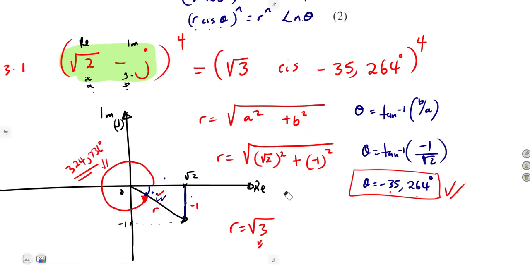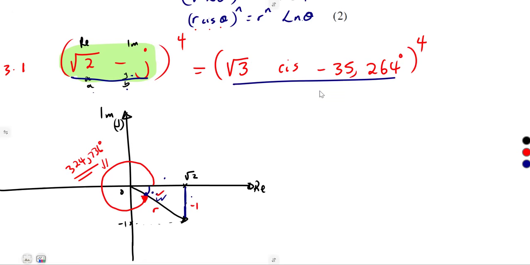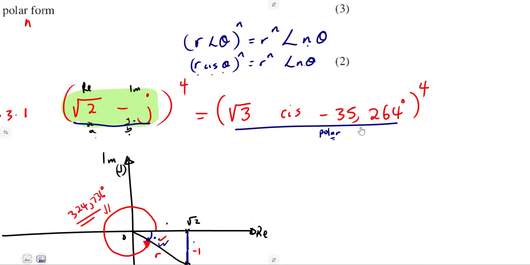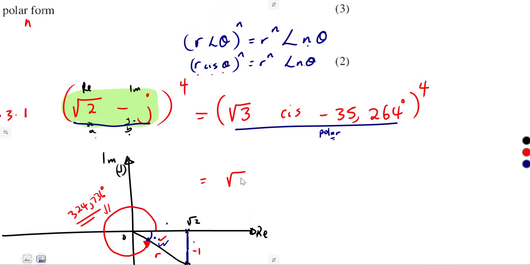So this is the case. Or you can use this angle, 324, in place of that acute angle. It's one and the same. Do not worry about that. So we had to convert this one to polar form. When it is in polar form, it is easier for us to simplify because of De Moivre's theorem, which states that we can raise our modulus to the exponent we are given, square root of 3 to the exponent of 4, and take our angle.